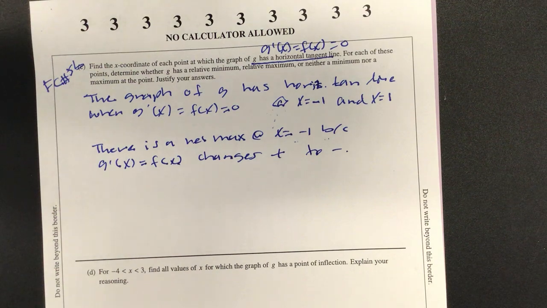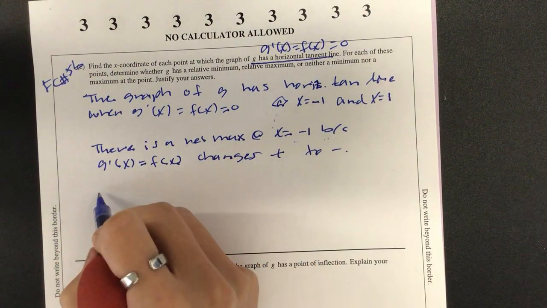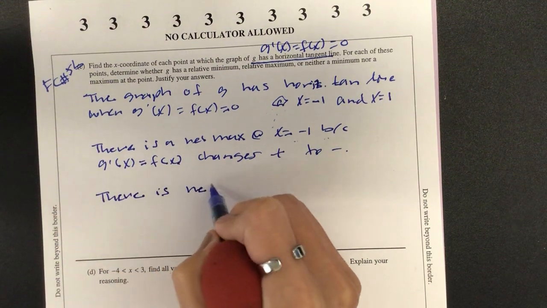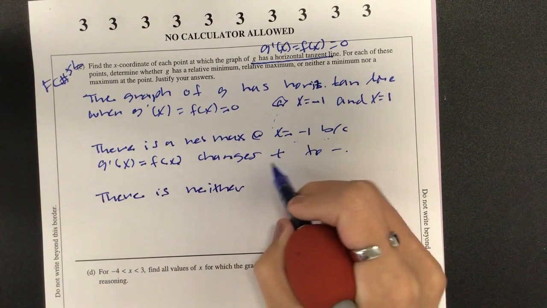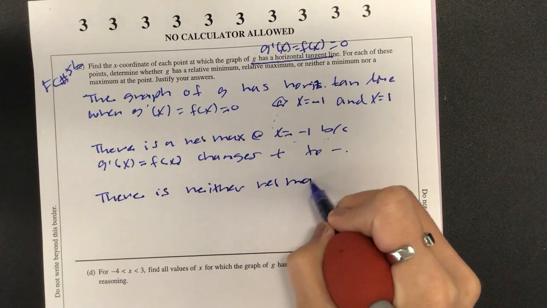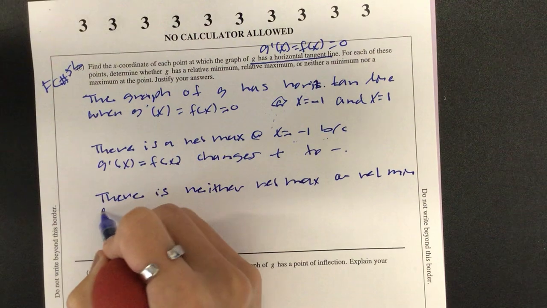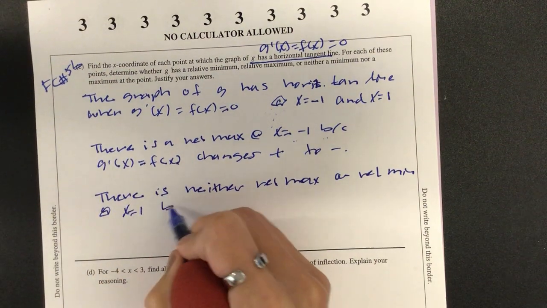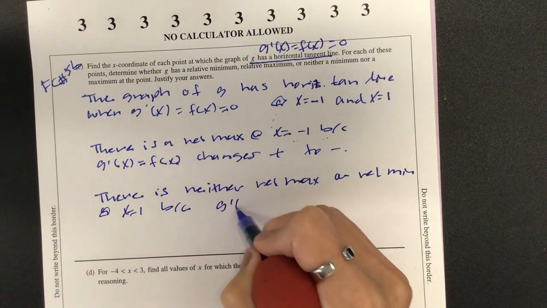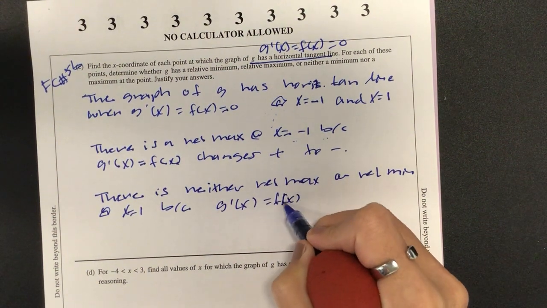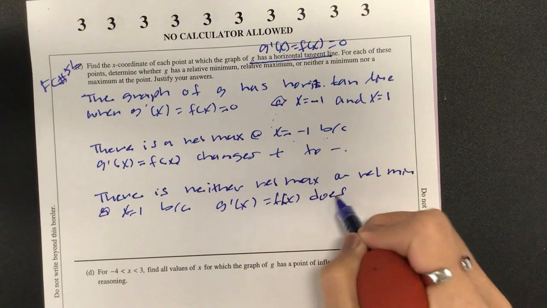Because if you say changing sign, the AP graders could go, all right, negative to positive, incorrect, that piece will be invalid. And then let's talk about the other piece. There is neither relative maximum nor relative minimum at x equals 1 because, and we still have to mention our notation, g prime of x, which is f of x, does not change sign.